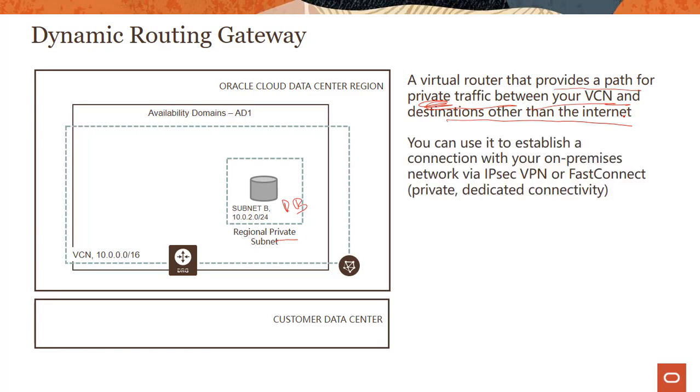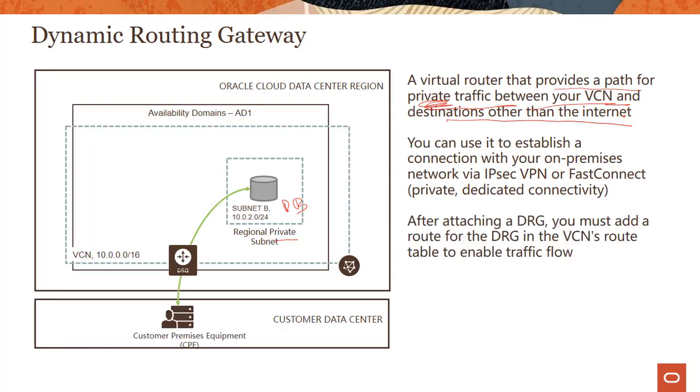In this case, you can use the dynamic routing gateway to establish a connection, and there are two different mechanisms for doing that. One is site-to-site VPN, and the second is a dedicated private connectivity called FastConnect. We'll cover these in subsequent modules on connectivity. But as the graphic is showing here, through the DRG, your database can communicate to your on-prem environments.